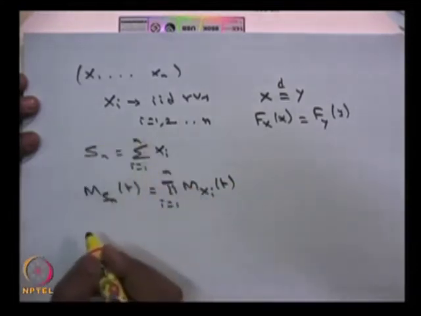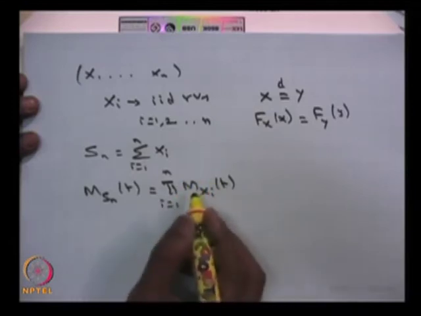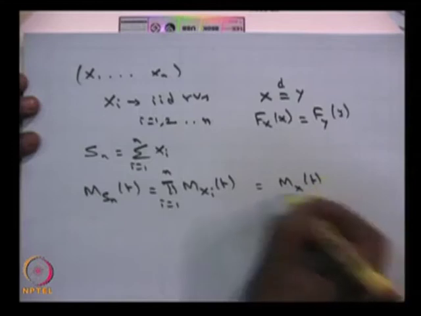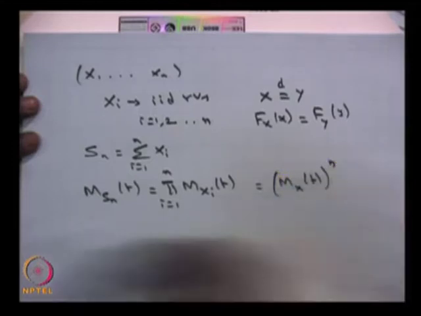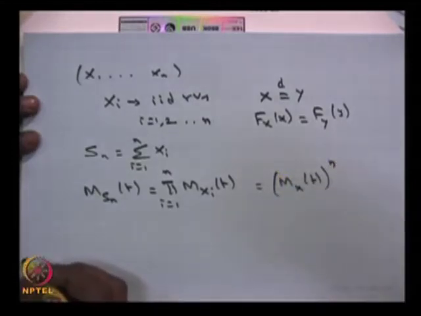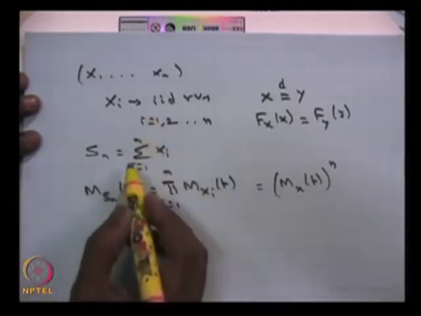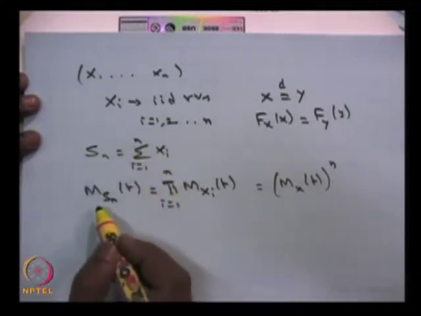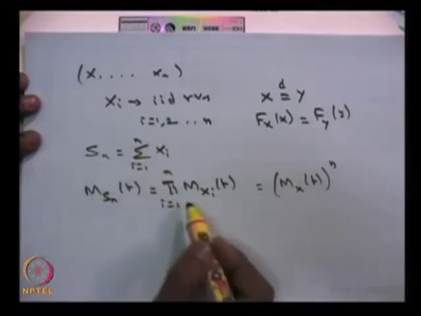Since they are identical, the MGFs are also identical. Therefore, this is the same as finding the MGF of any one random variable and then taking the power n. So, independent random variables have the property that the MGF of the sum is the same as the product of the MGFs of the individual random variables.